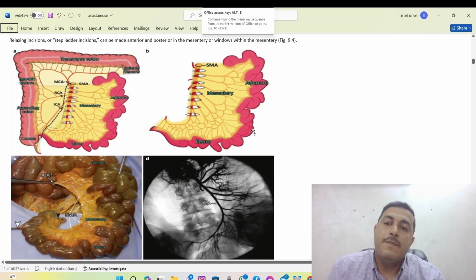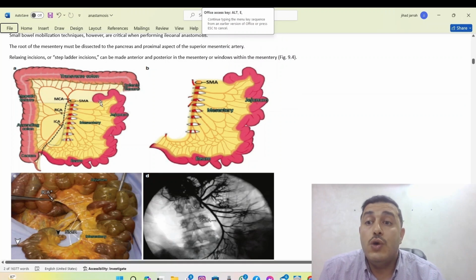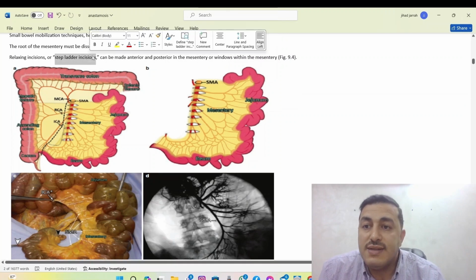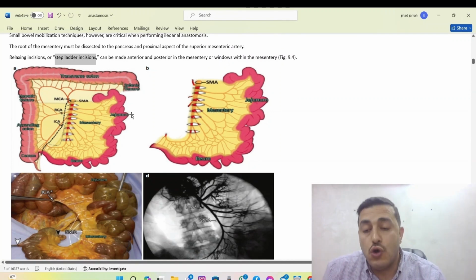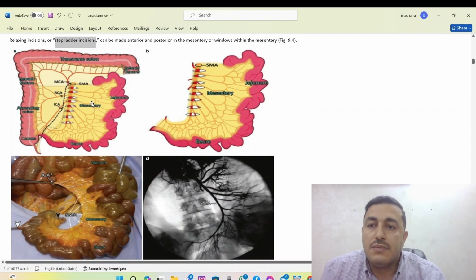So this is the step ladder incision or step ladder technique, which has been shown to be safe. You can see here, we want to bring this ileum to, for example, the transverse colon or to the anus.